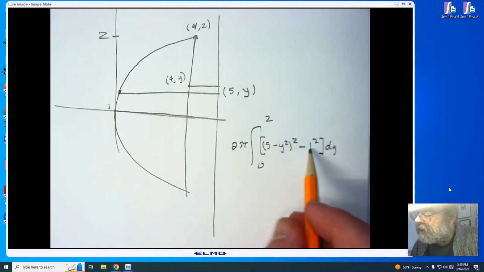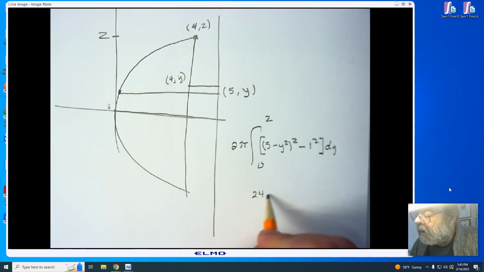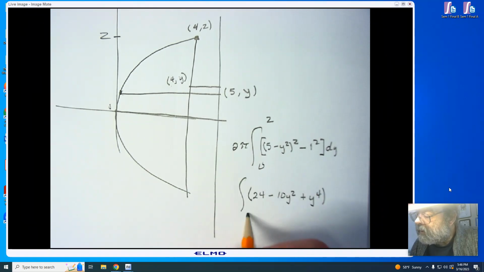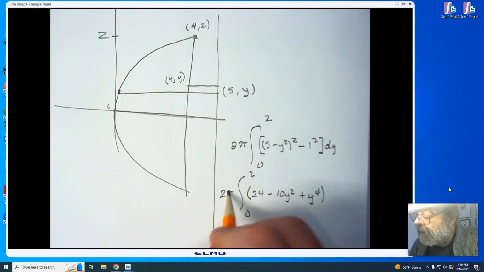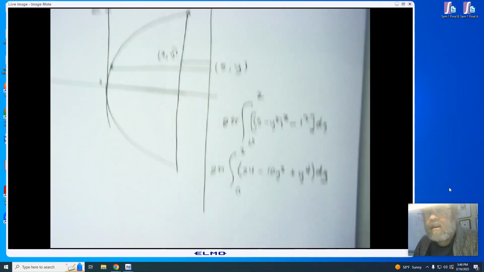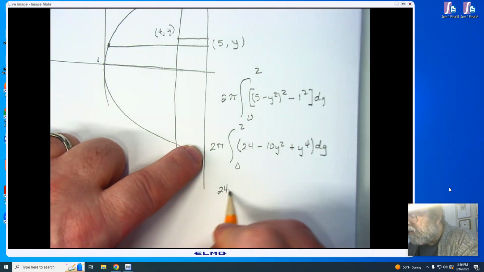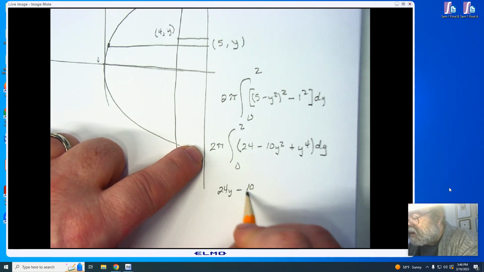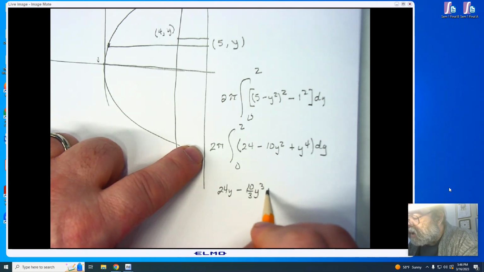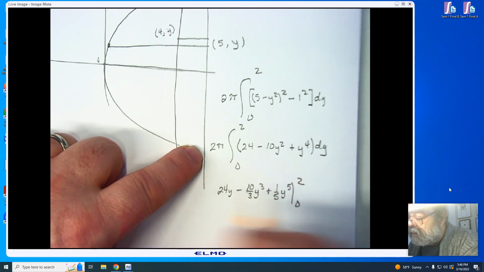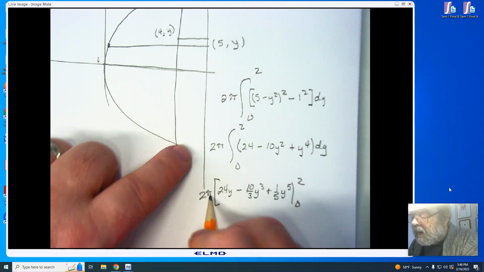This is giving me, once again, 24 minus 10y to the second power plus y to the fourth power, 0 to 2, 2 pi out in front, dy. We're just going to slowly work our way through this. 24y minus 10 thirds y cubed plus 1/5 y to the fifth from 0 to 2 multiplied by 2 pi.